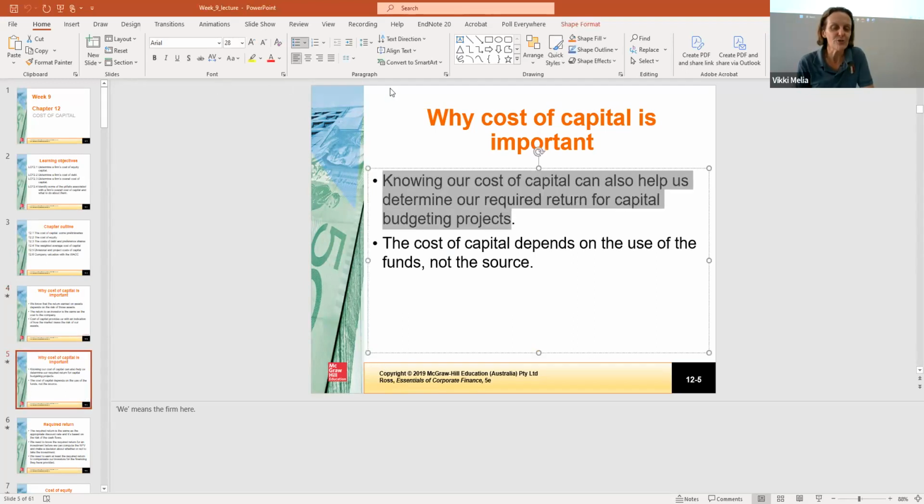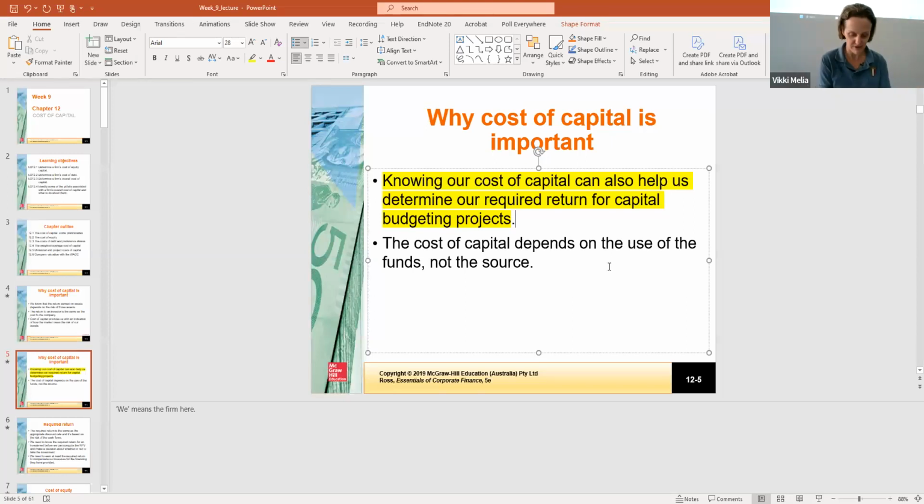So there's an additional note here in the PowerPoint that says, if we know our cost of capital, it can help us when we're looking at investing in projects or assets. When we were looking at the investing decision, deciding what assets to invest in, what tools do we commonly use in practice to work out which assets are a good investment? NPV.